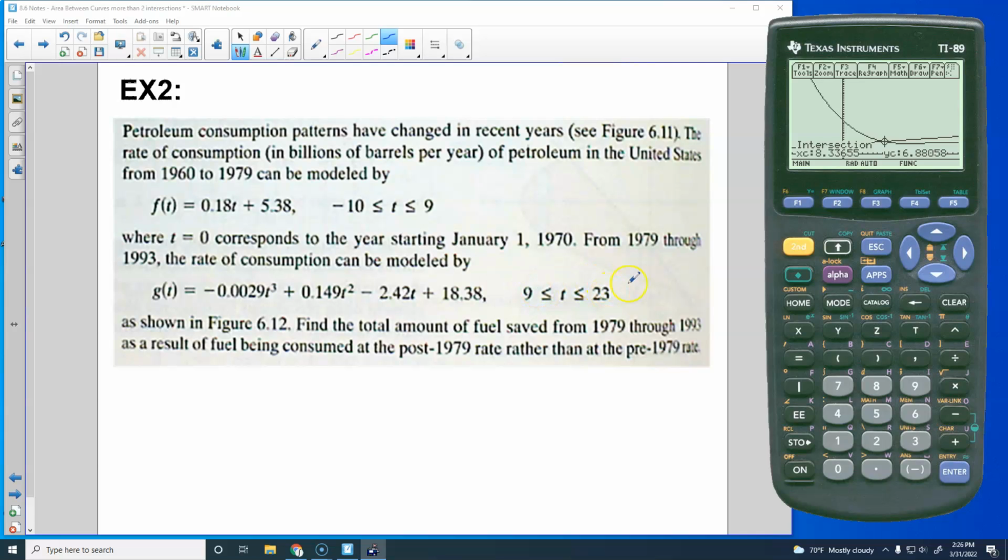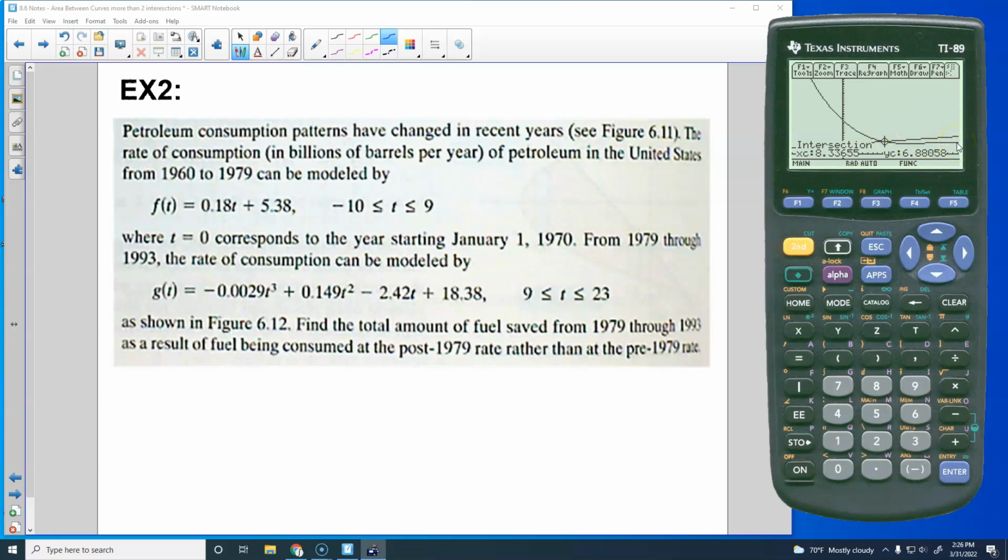Since these intersect at 8, we're starting on the right-hand side of that, so we're not going to have a switch in the intersection. Now, if they had asked us for 1970 to 1993, then we'd need to do 2 separate sections here. But this one, we just need to look from 9 to 23.